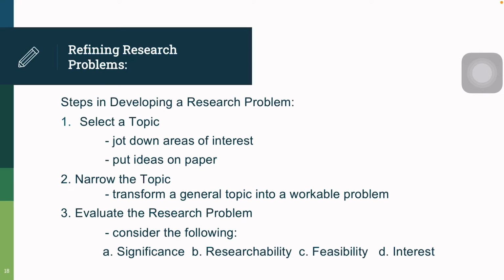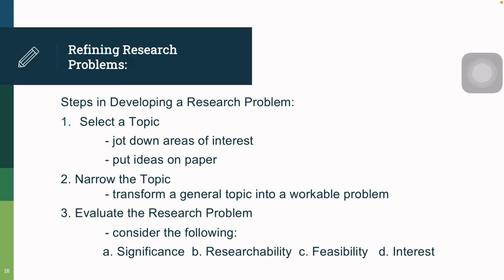Another step is to narrow your topic. Apart from those topics that you have written down on your paper, you now select and narrow down the list. Narrow down the topic, transforming a generic topic into a workable problem. Usually, beginning researchers develop topics that are too broad and too complex, so researchers move from general topics to a more specific researchable problem.